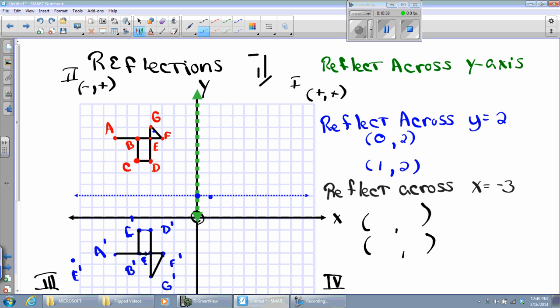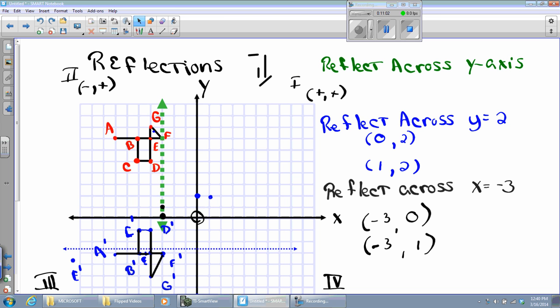I'm going to go -3, 0, -3, 1. So my mirror in this case is right here. Using the green mirror again, if you like.